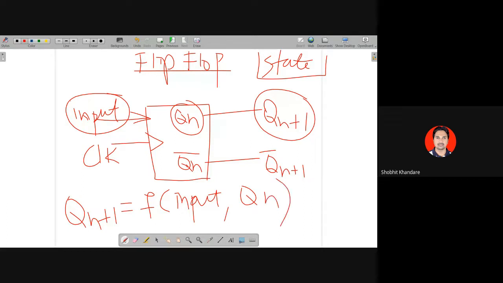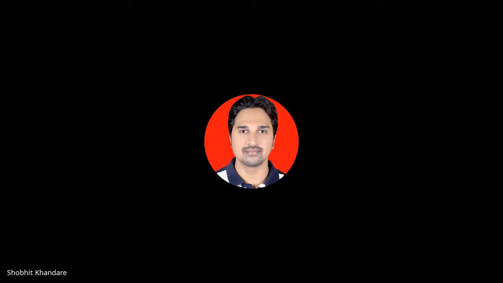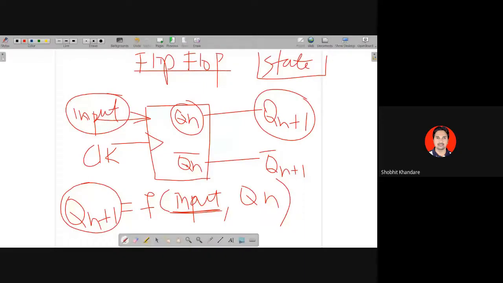So can I say your present output depends upon the present input as well as the past output, as per the block diagram of the flip-flop? Yes or no? Is this right or wrong? Please acknowledge.